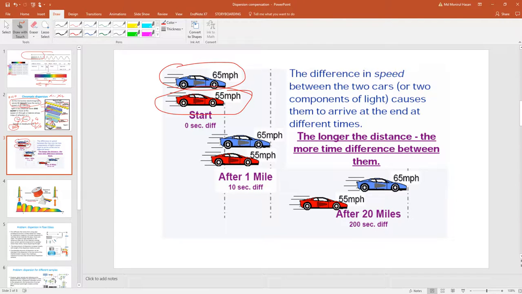If they start together, after a certain amount of time the faster car will reach earlier than the slower car. Just an analogy for how light will pass. So one kind of light will pass faster, and another will pass slower.